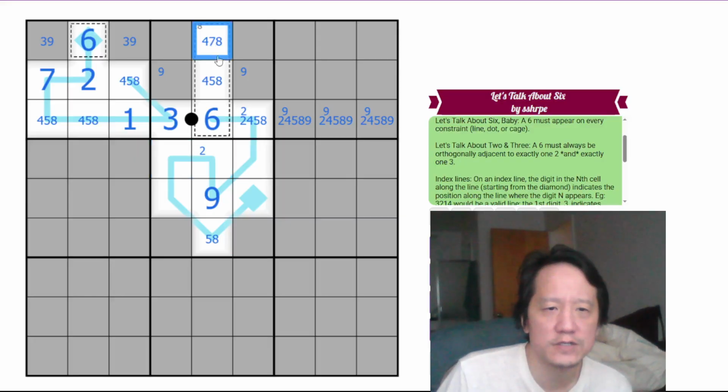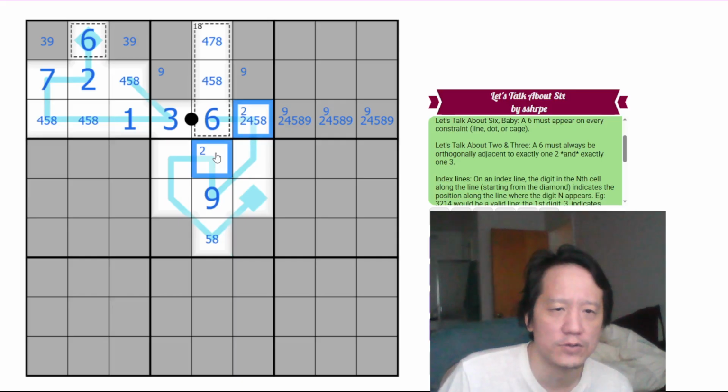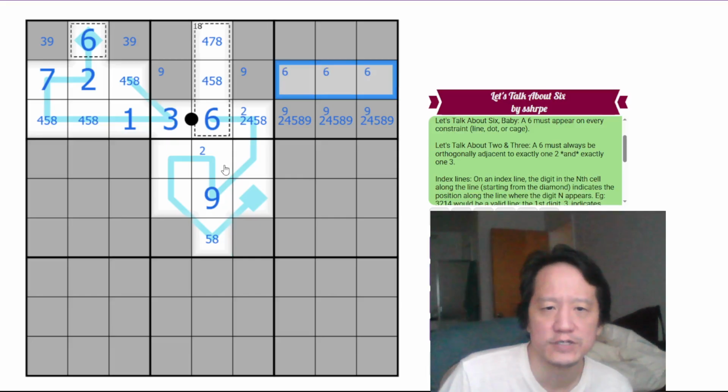However, because one of these digits is 5 or 8 to add up to 18, and this is 5 or 8 because the 2 has to be one of these two digits here. Therefore, because of that, we also know 6 is one of these 3 digits here.